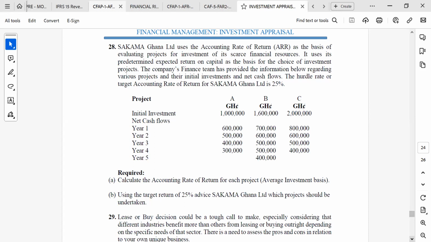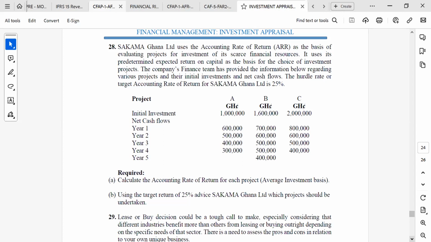It uses its predetermined expected return on capital as the basis for the choice of investment projects. The company's finance team has provided the information below regarding various projects and their initial investments and net cash flows. The hurdle rate or target accounting rate of return of Sakama Ghana Limited is 25%.